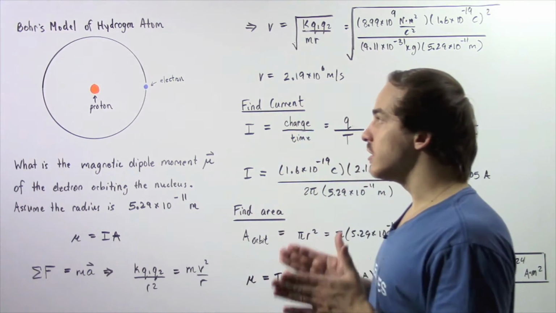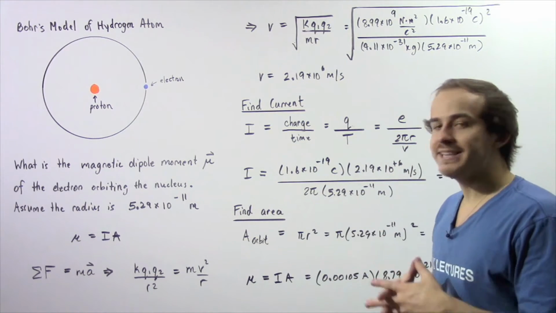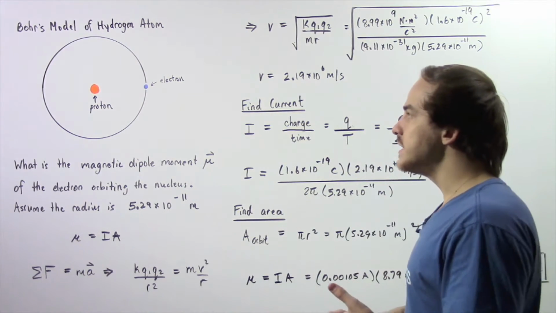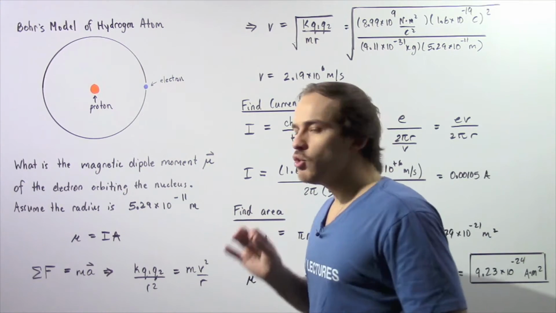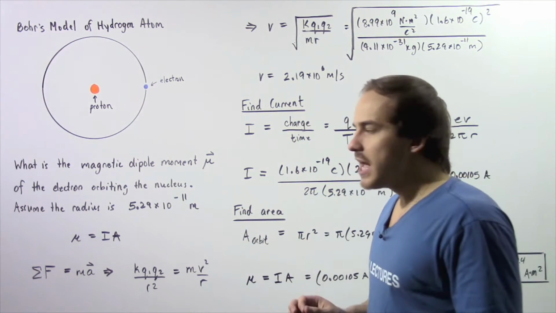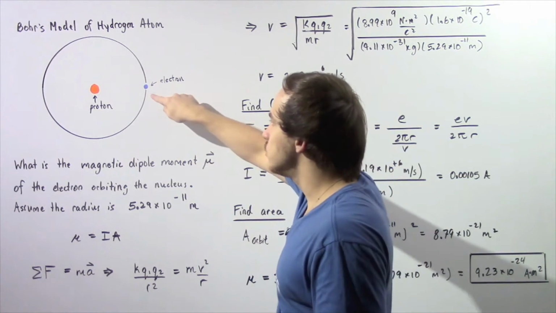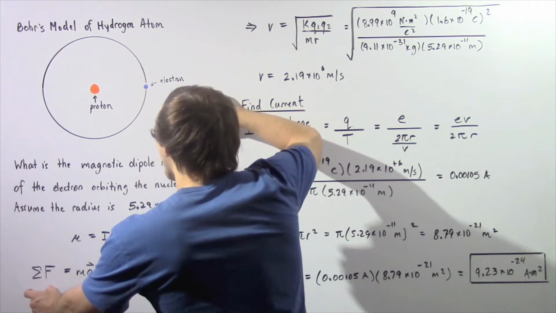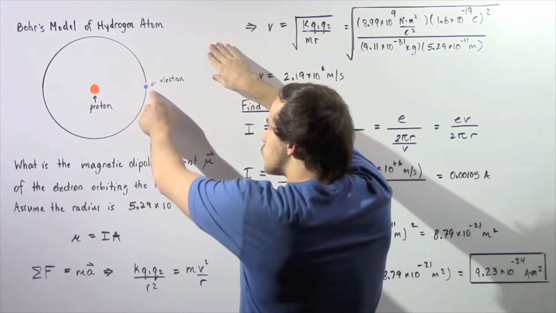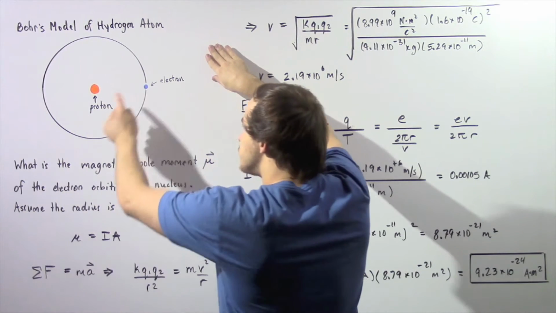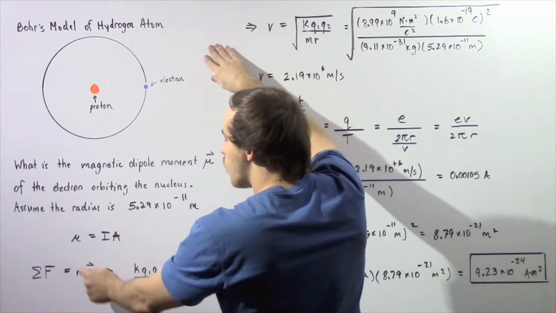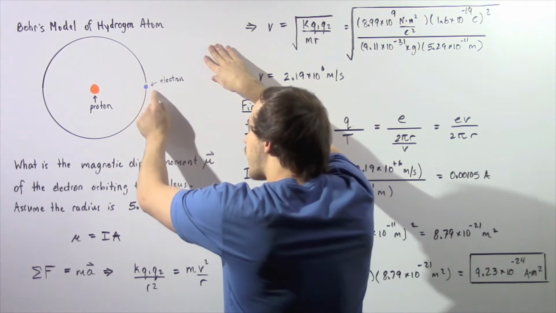To calculate the electric current, we have to calculate the velocity. So let's begin by applying Newton's second law of motion. According to Newton's second law, the net force acting on our electron in orbit is equal to the mass of that electron multiplied by the acceleration.